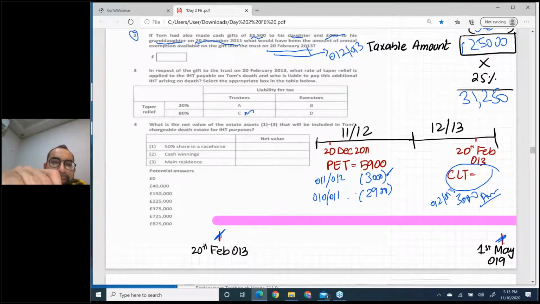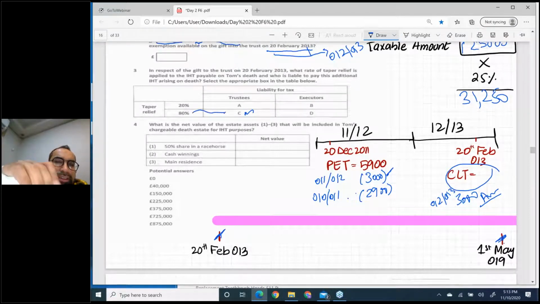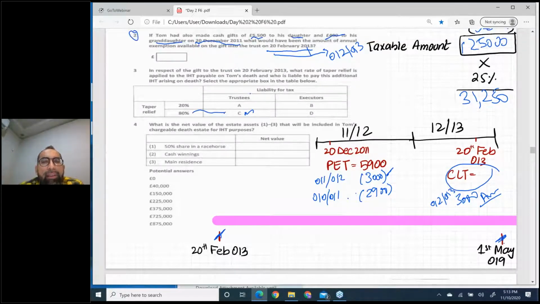This is the right matrix: the row is 80% and the column is trustees. So for question number 3, your answer is C.